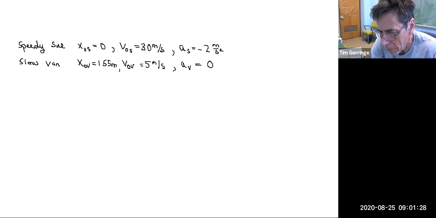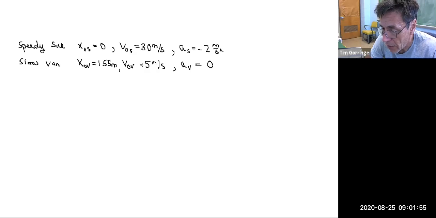We're told that the car is traveling at 30 meters per second, and it's decelerating at 2 meters per second squared. We're told that the van is ahead of the car by 155 meters, and it's traveling at just 5 meters per second, at a constant speed.